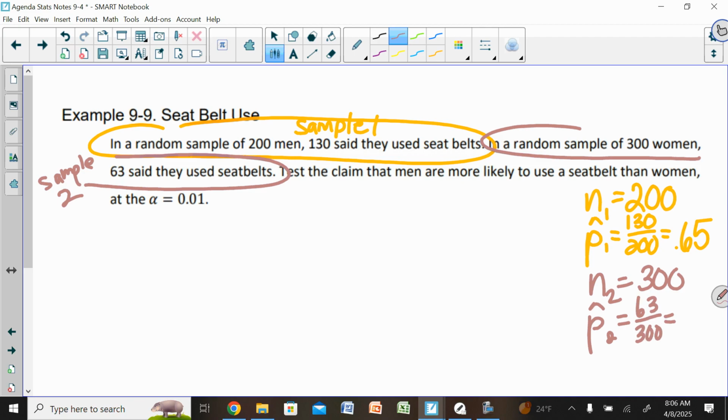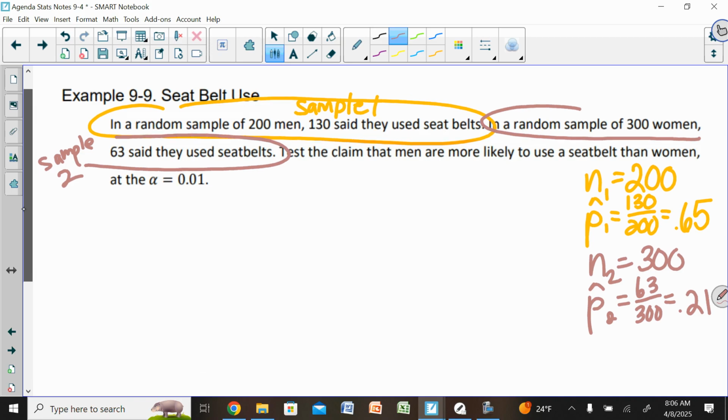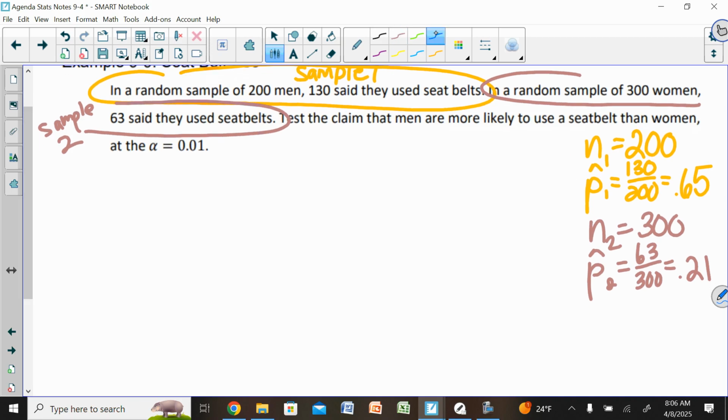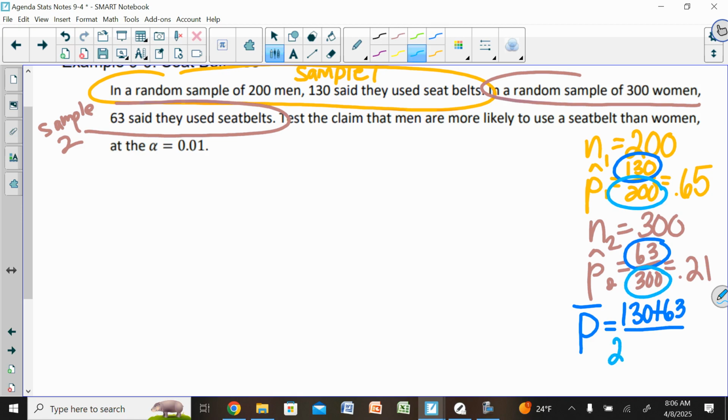That's going to be something like a 0.21. And then don't forget, we also have to find our pooled proportion. So we're going to find our p bar. So p bar, we take our 2 x's, our 130 plus our 63, over our 2 sample sizes, so 200 plus 300.